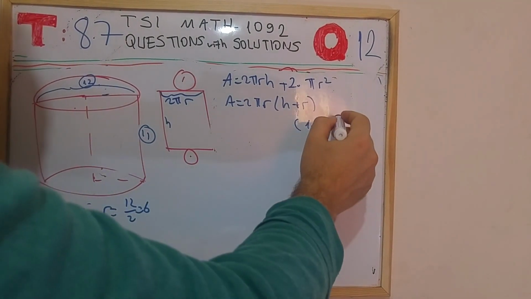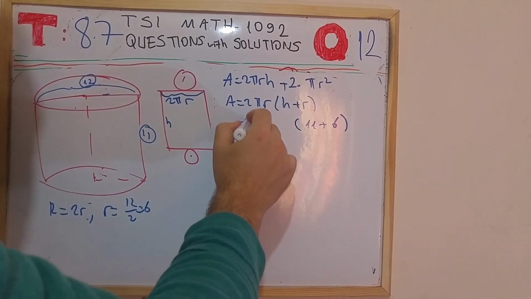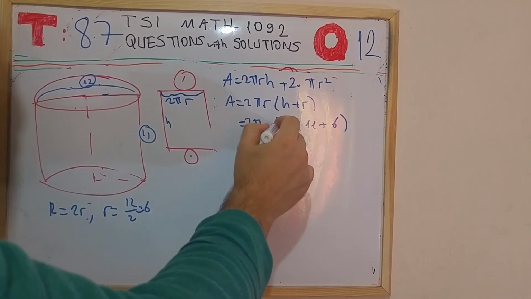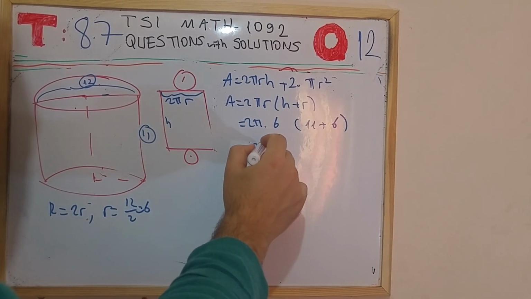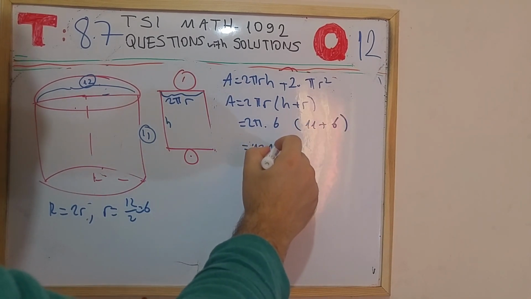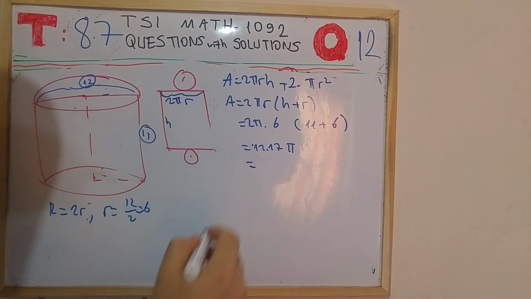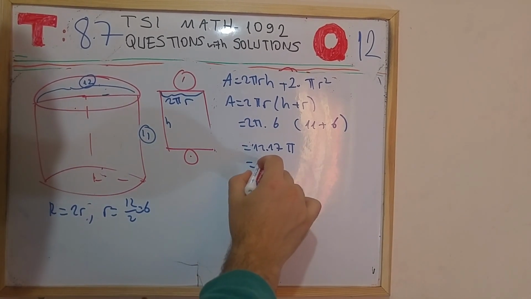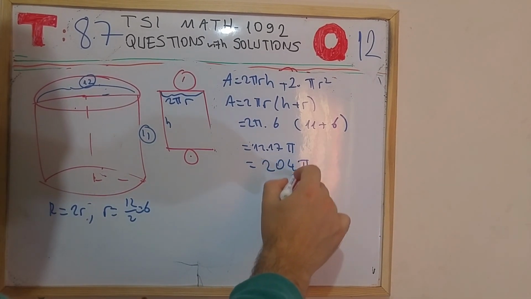Let me put that 6 here. It is equal to 2 times pi times 6, that is equal to 12 times 17 pi. And this is equal to 204 pi.